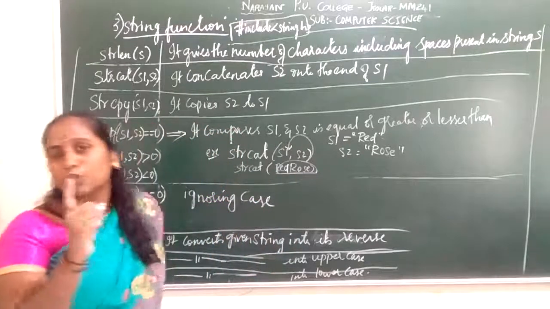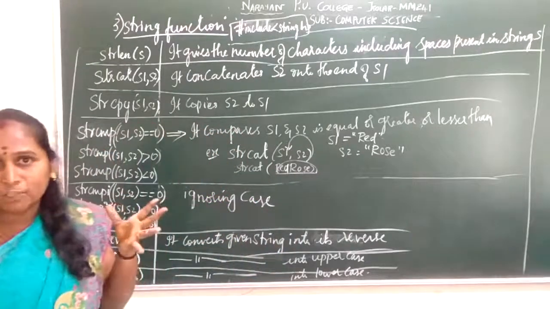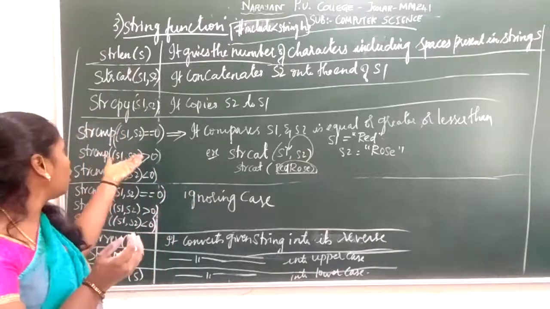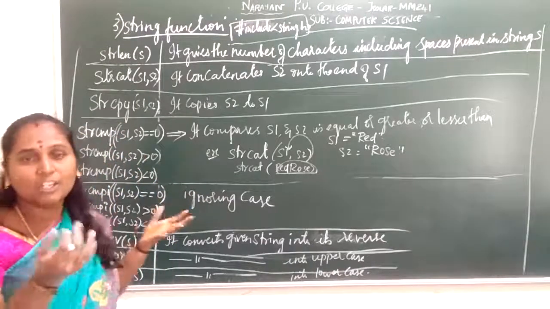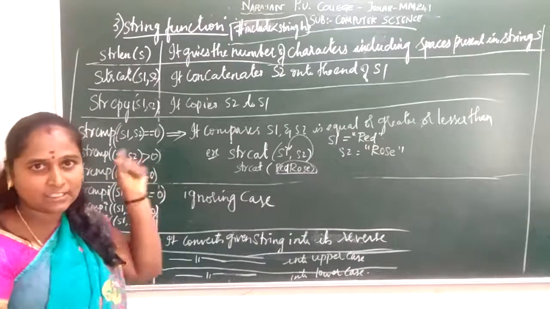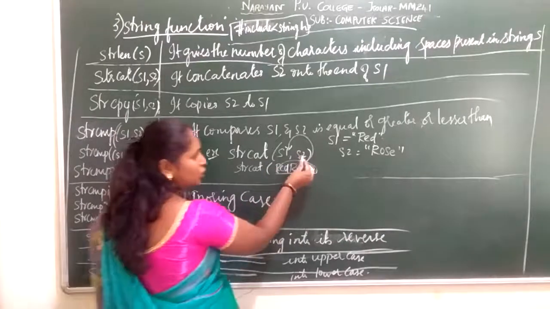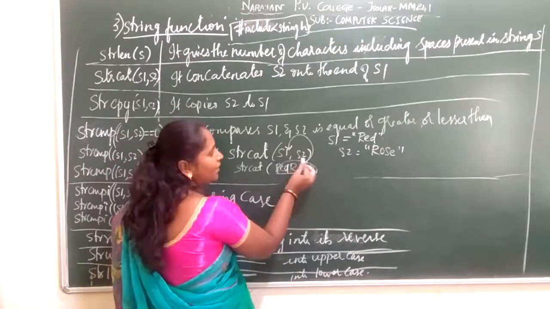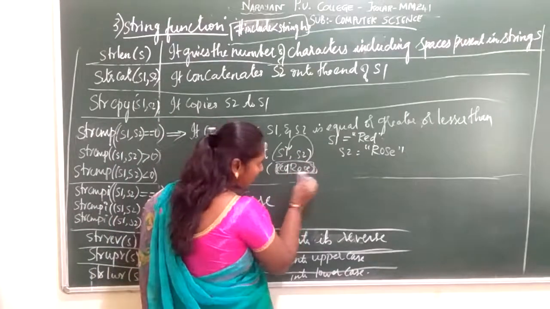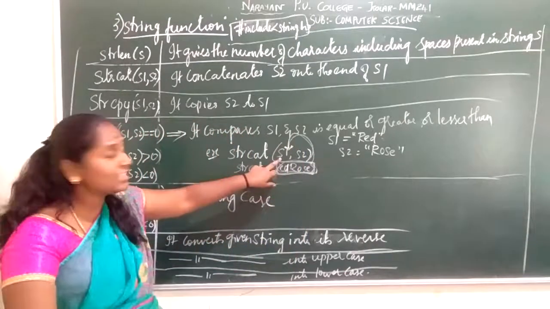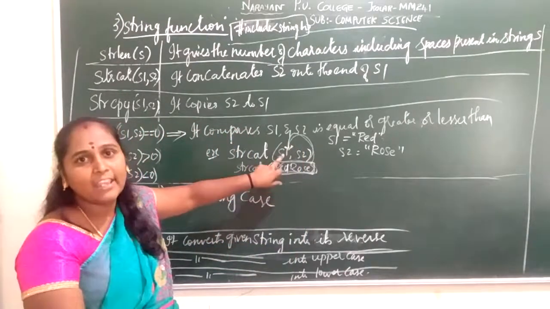So the S1 storage location should be large enough, so that whenever you use a concatenate function or a copy function, the result will be stored in your first string, that is, string 1. So S2 is concatenated to the end of S1, and the overall result will be stored in the S1 string.